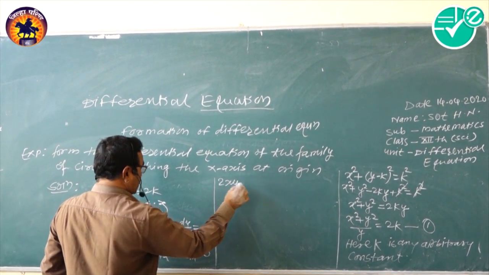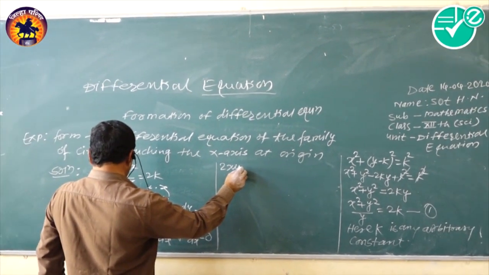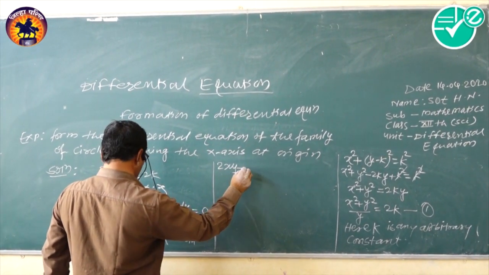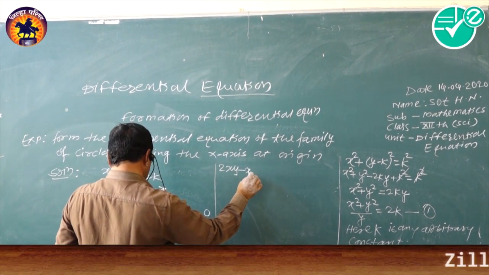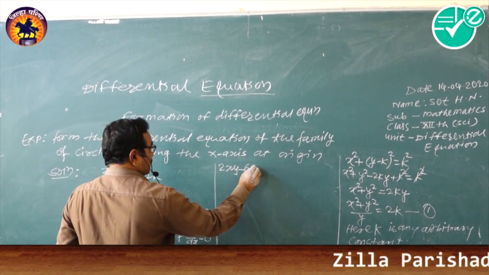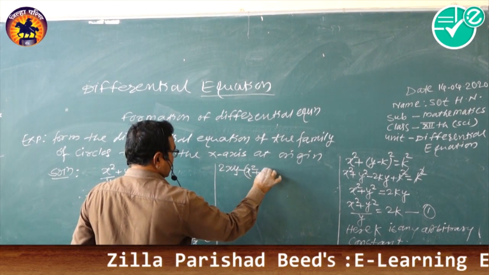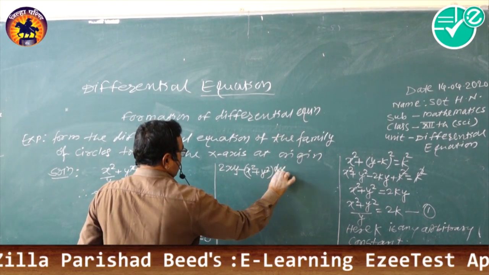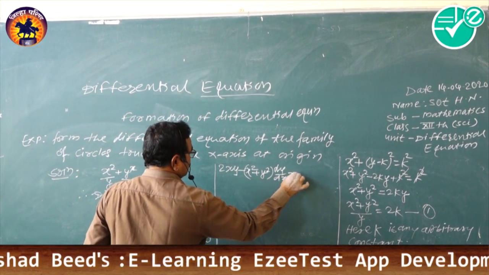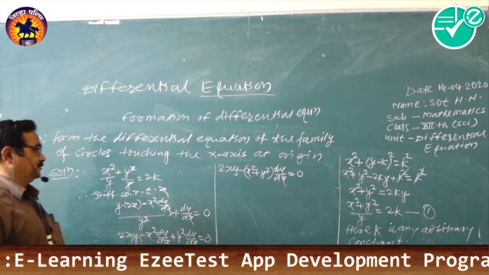Two xy minus x square plus y square into dy by dx is equal to 0.